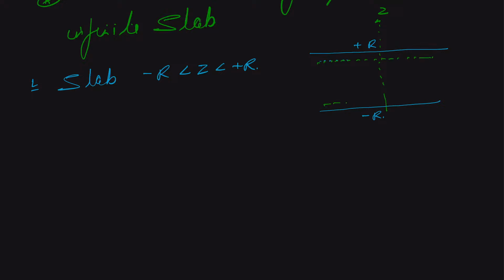We are going to consider a Gaussian pillbox of area A. Okay. And this is our plus z, and this is our minus z.